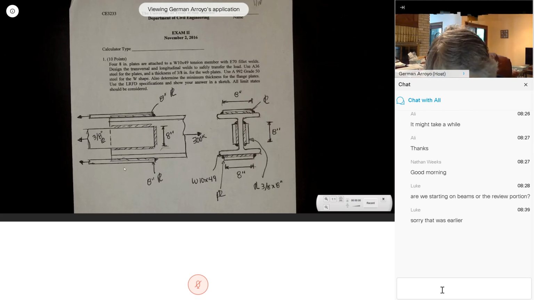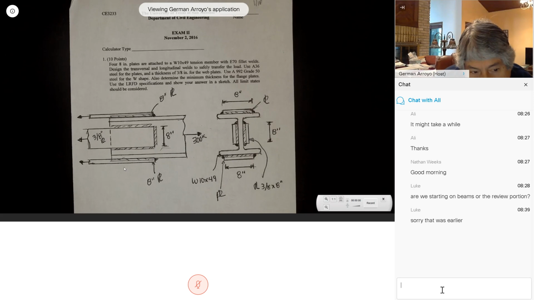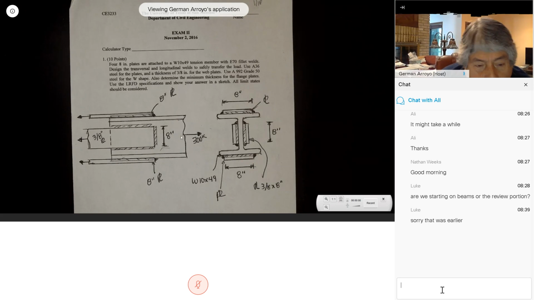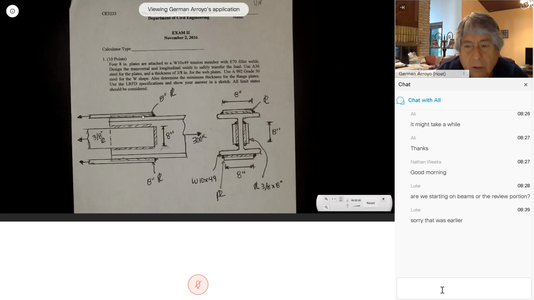I clearly remember this exam that some people decided to use 50% of the load through the web, 50% through the flanges, and you cannot do that. The problem is going to tell you how much load is going to go to the web, how much load is going to go through the flange. Any question up to this point?